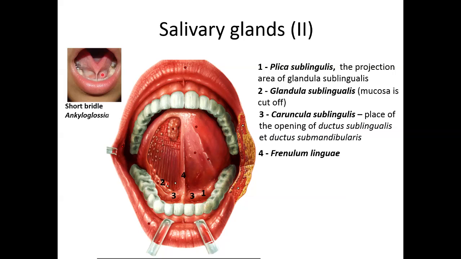This situation is usually designated as short bridle, and in the Greek term, ankyloglossia. That means not good moving tongue.